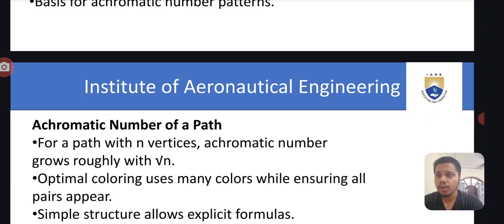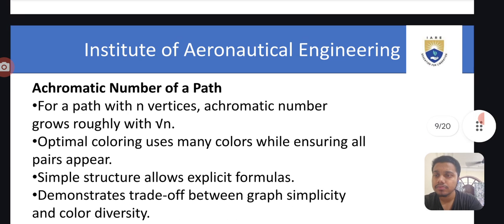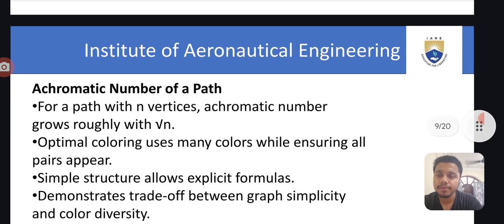Achromatic number of a path. For a path with n vertices, the achromatic number grows roughly with root n, that is, under the square root of n. Optimal coloring uses many colors while ensuring all pairs appear.